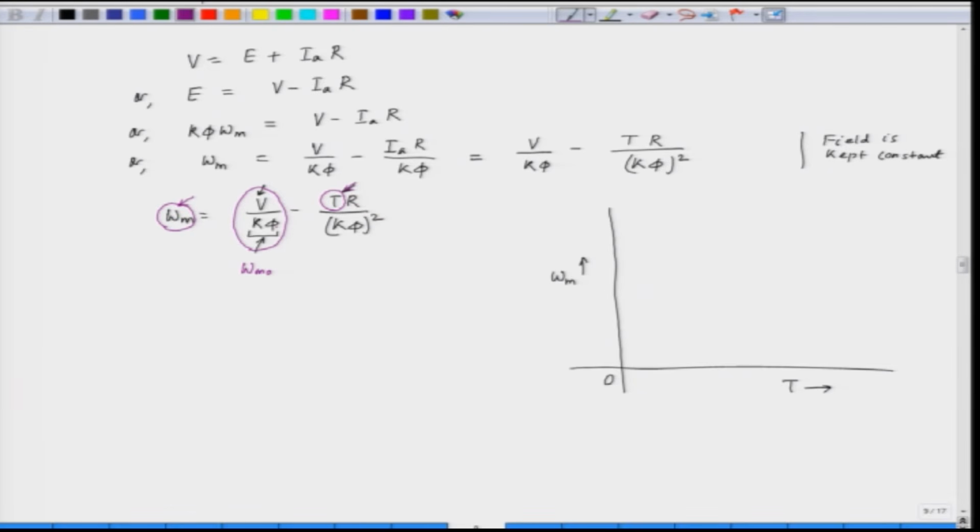So, we get a straight line here, and this is the no load speed omega m naught, and the slope of this characteristic is R by K phi square. This is the characteristic of a shunt DC motor, the same as a separately excited DC motor.